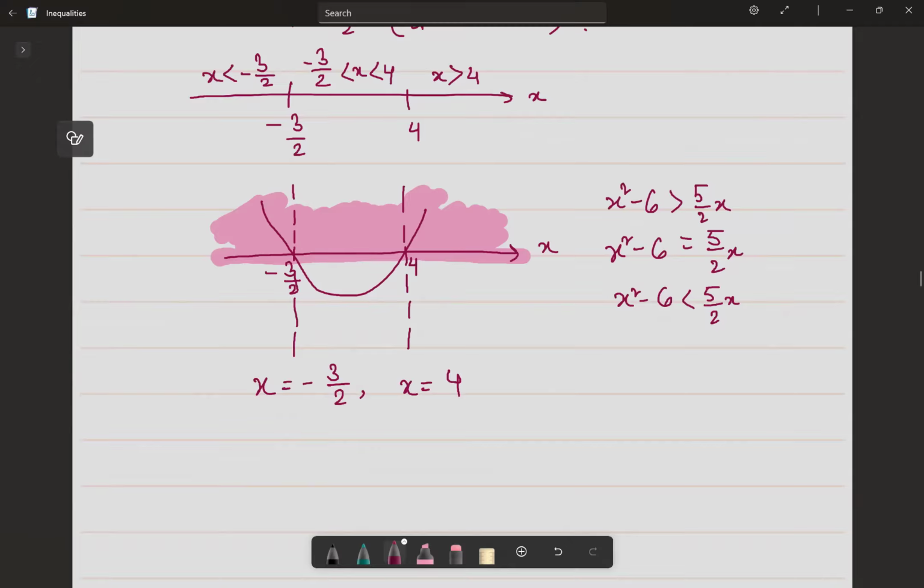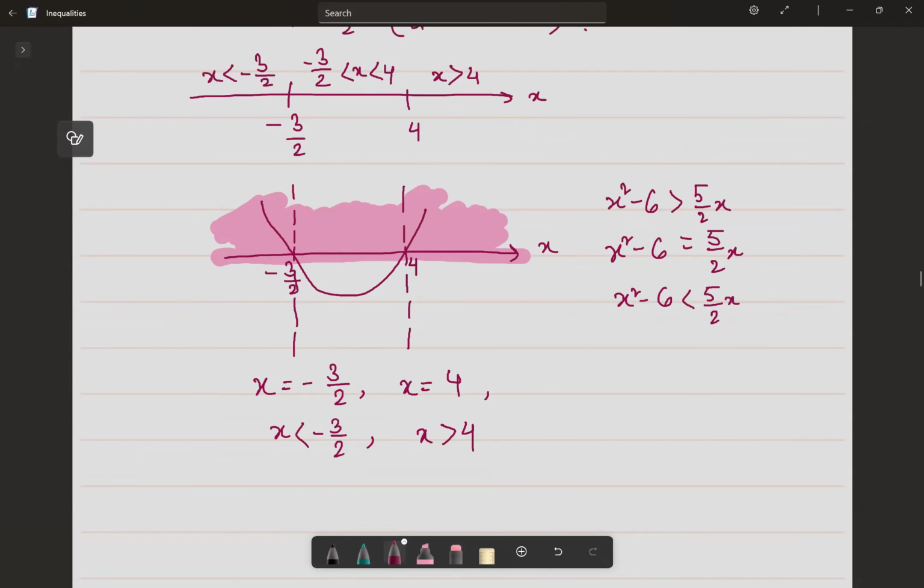Then for greater than, I have these two regions, because my graph is on this side and my graph is on this side. So on this side, I have x is less than minus 3 by 2, and on the other side, I have x is more than 4.